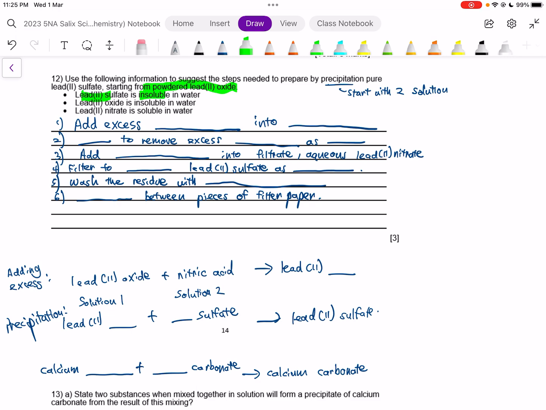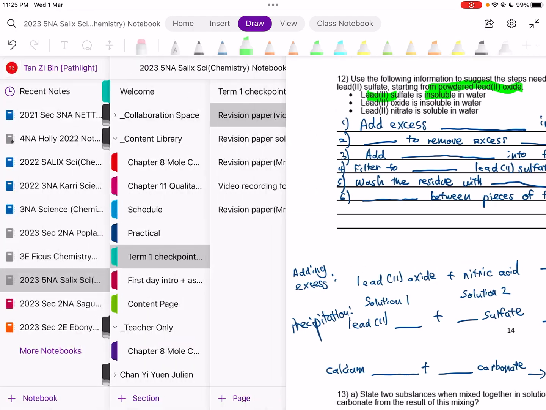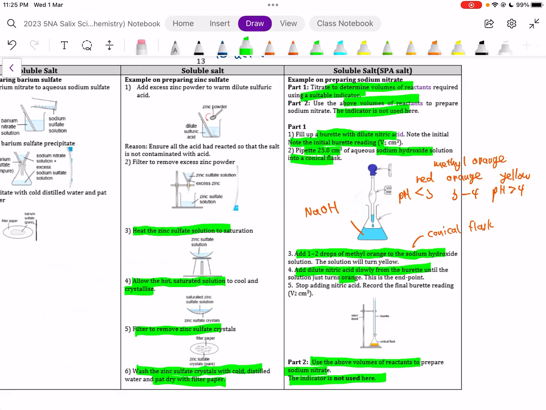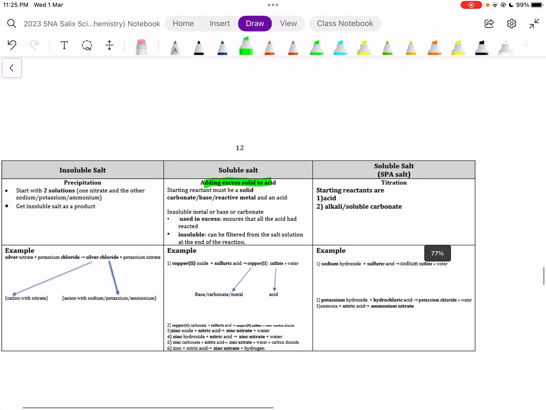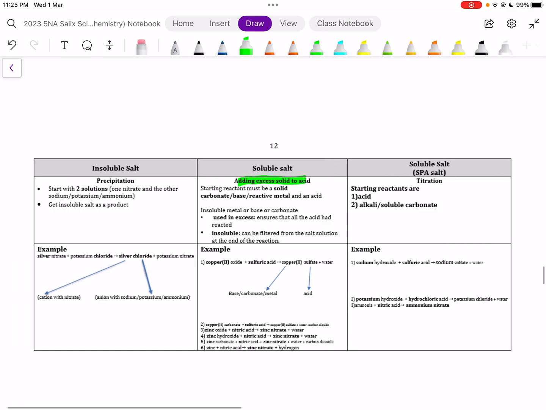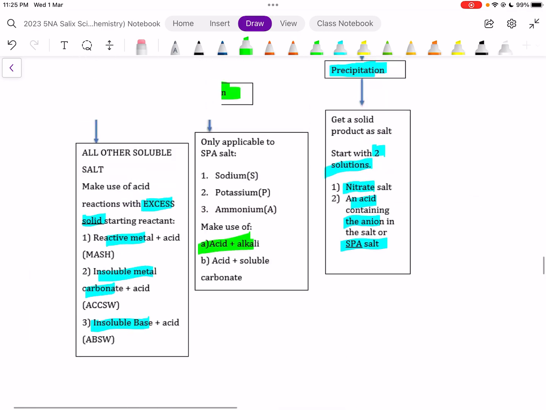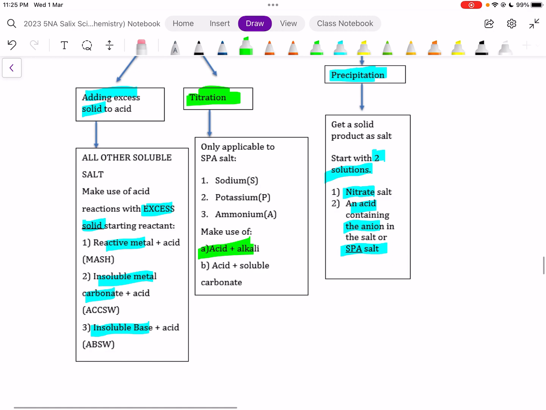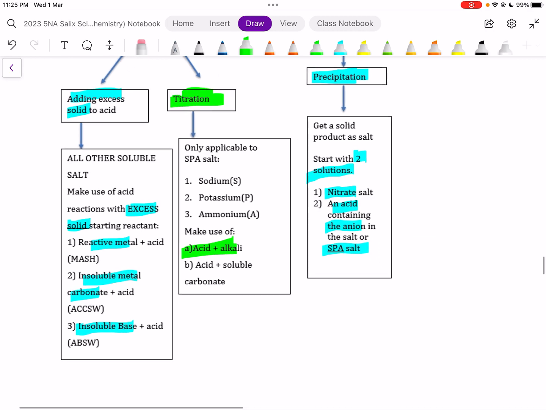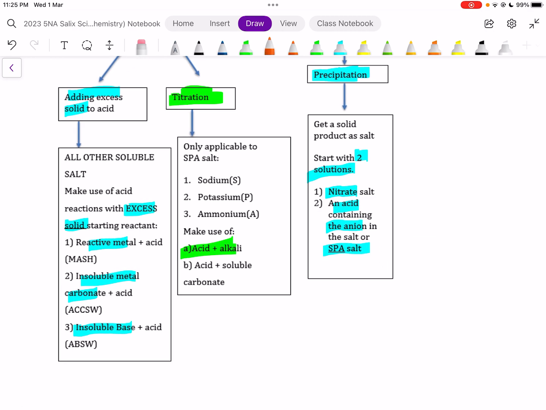precipitation, where you start with 2 solutions. How do you know? You can go back to the summary notes under salt preparation, precipitation. Precipitation will start with 2 solutions. For example, in the question we have lead 2 sulfate, so in this case you start with 2 solutions.